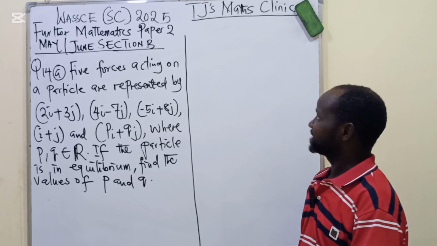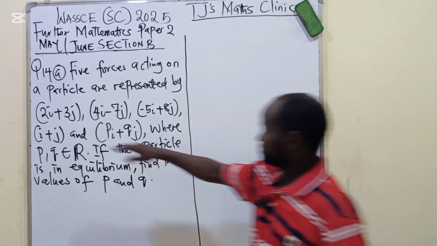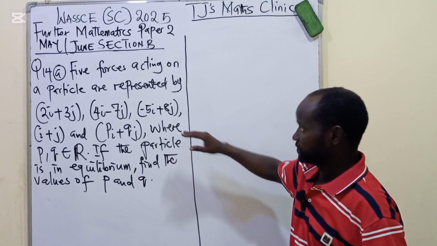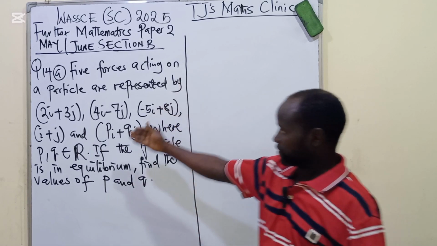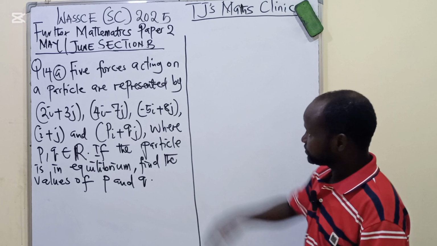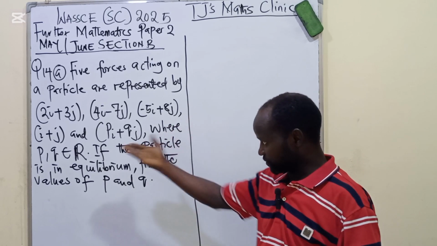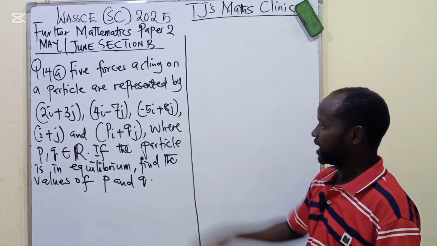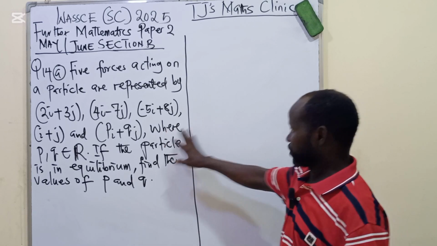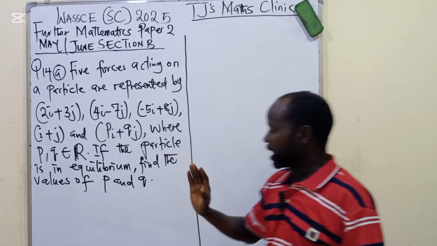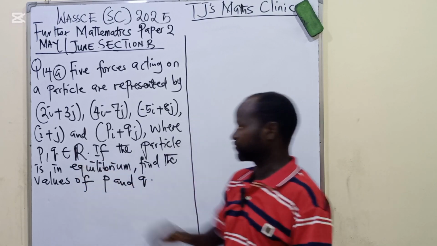Five forces acting on a particle are represented by these forces. First force 2i plus 3j, the next force 4i minus 7j, next force minus 5i plus 8j, next force is i plus j, and pi plus qj, where p and q belong to the set of real numbers.